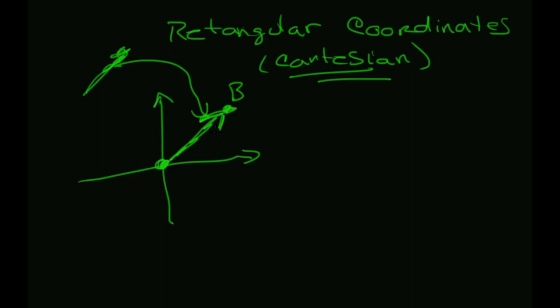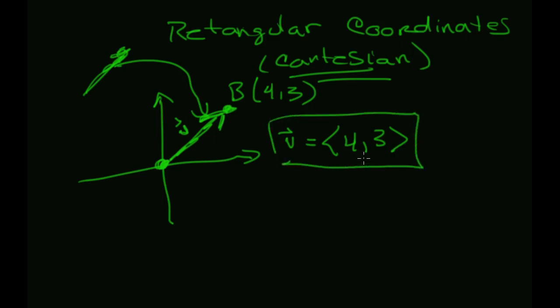So we can describe this vector using the location of its terminal point. So let's say this vector has a terminal point 4, 3. Then I can describe vector v as being the vector 4, 3. And note, once I have locked in those two coordinates, I know what direction the vector is going in, and I know by the Pythagorean theorem that its magnitude is 5.